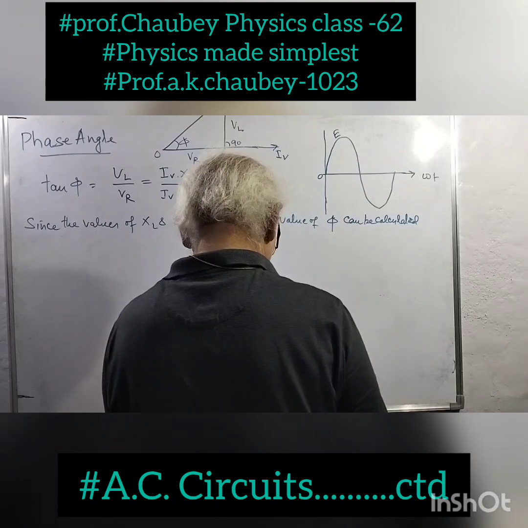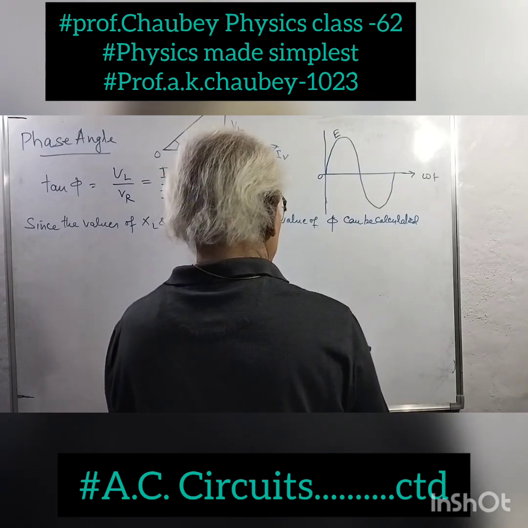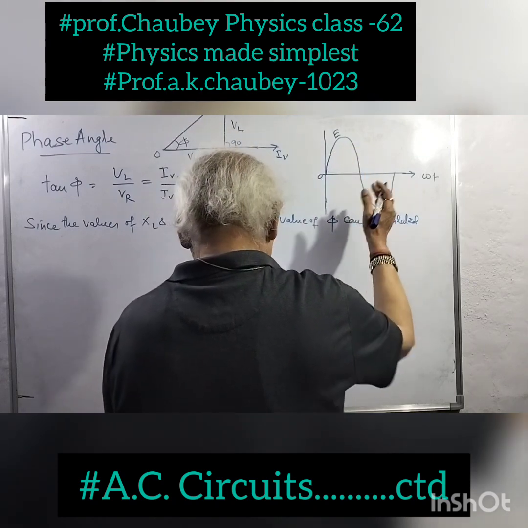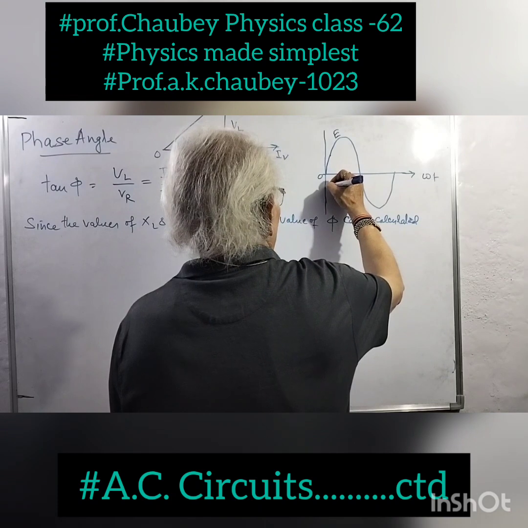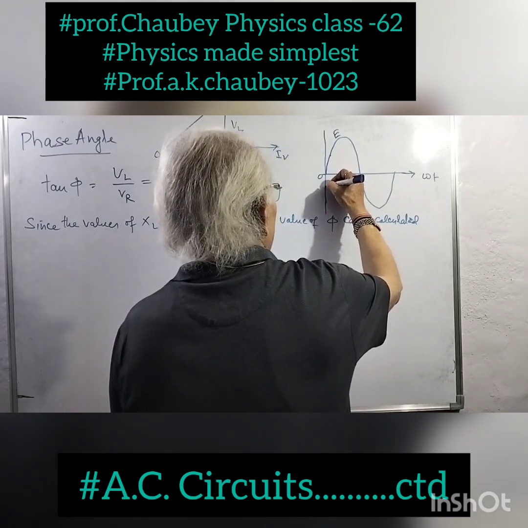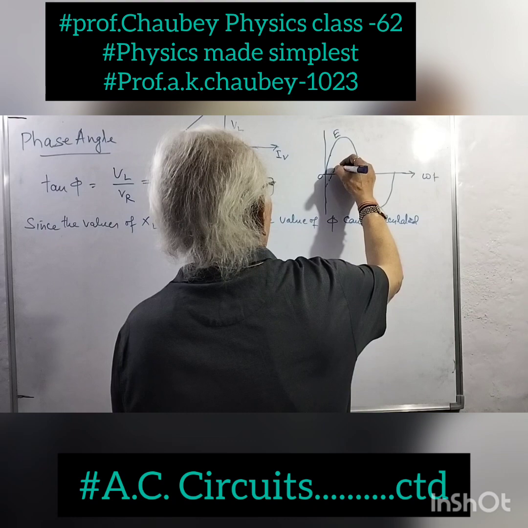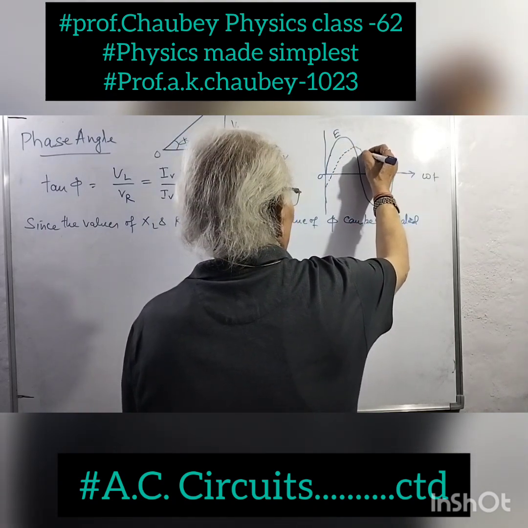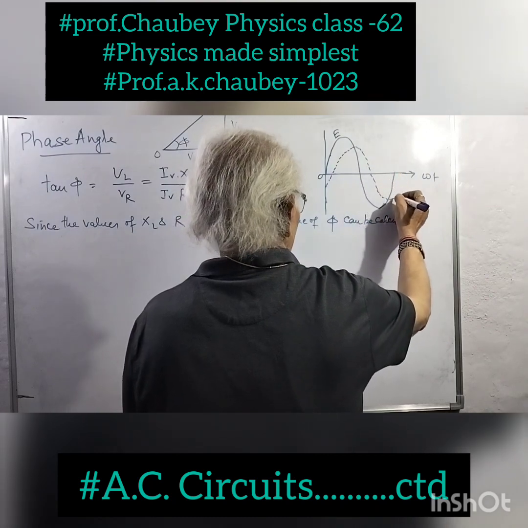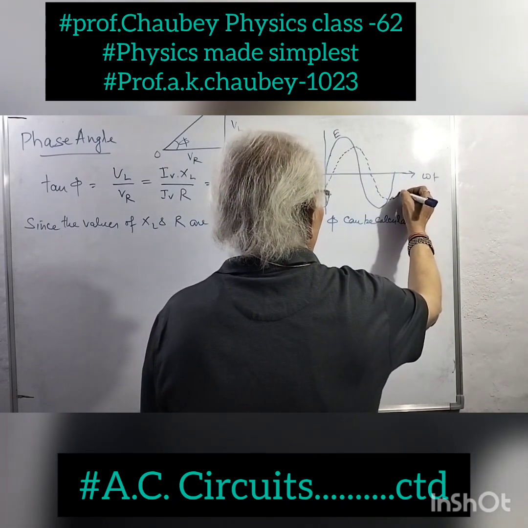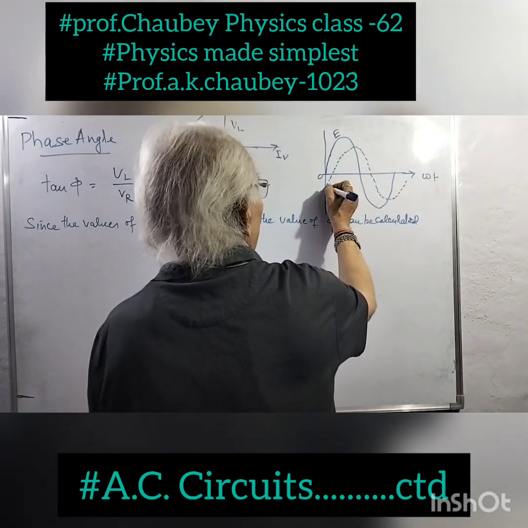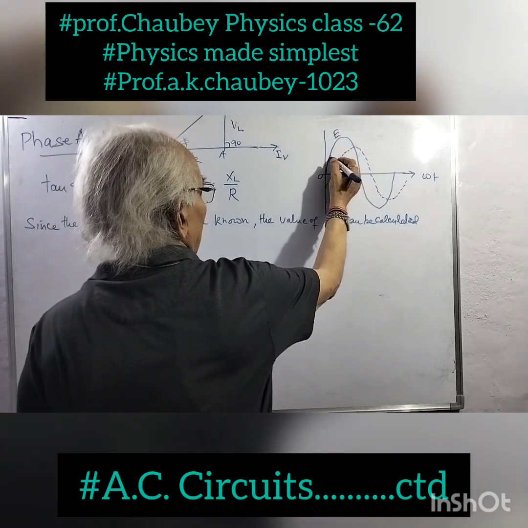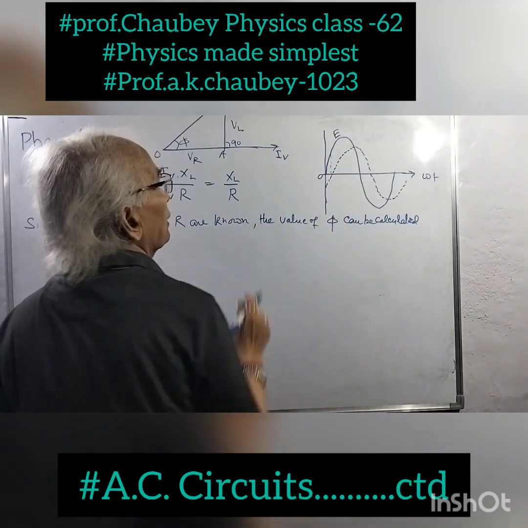And what about I? Phi is the phase difference, suppose phi is here, this angle. This is the time difference, so I starts from here. So this is the value difference because of the phase angle. This is the phi angle.